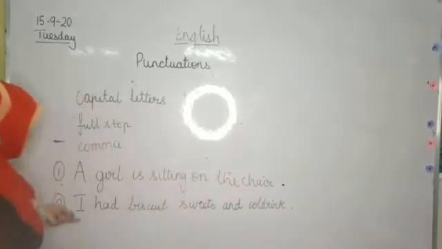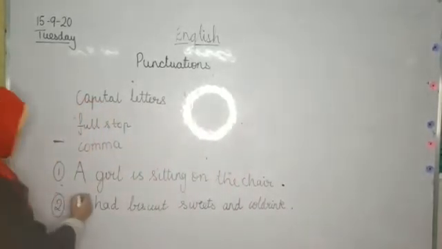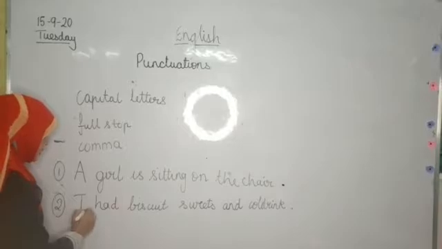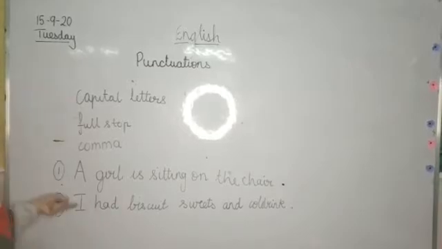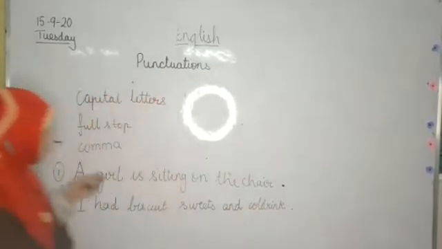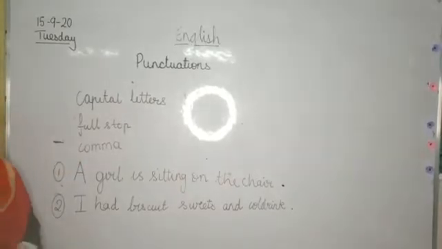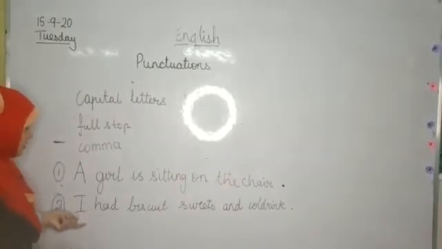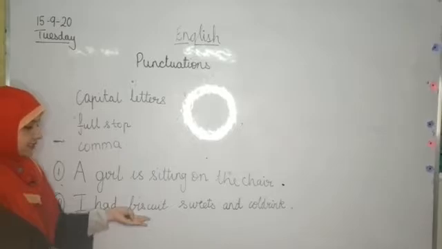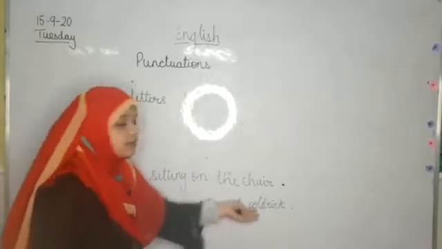If this is a sentence, the first letter of the sentence, alphabet of the sentence is going to be capital. I have put a full stop also. Now we are going to see where I am going to put a comma. So the sentence says, I had biscuit, sweets and cold drink.